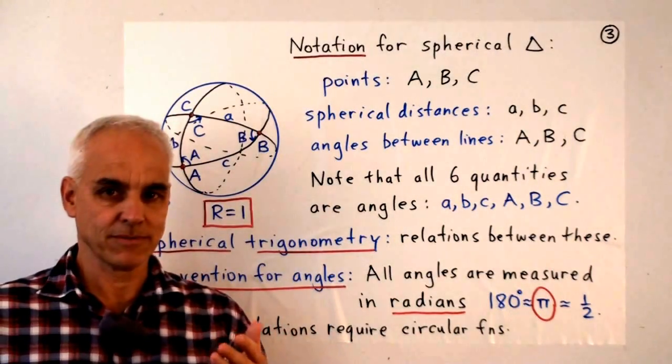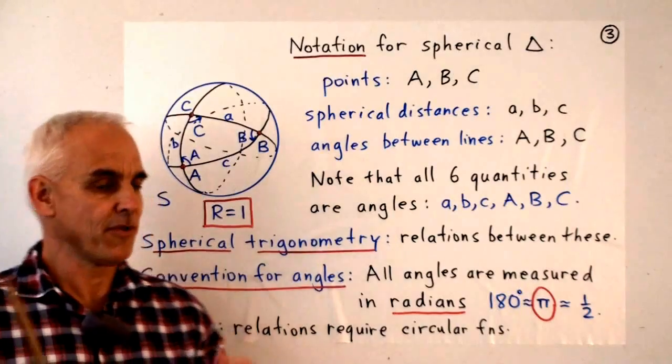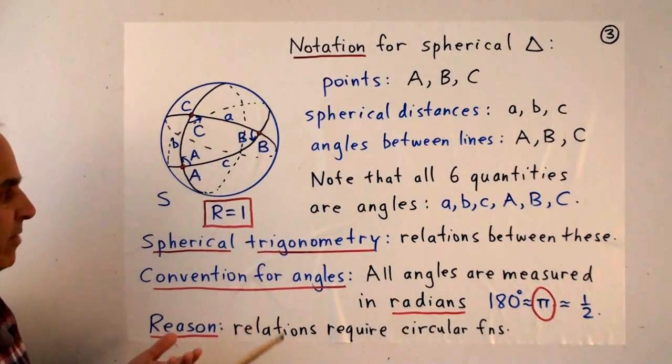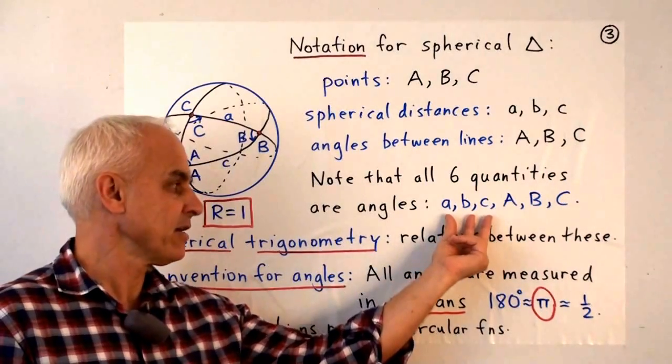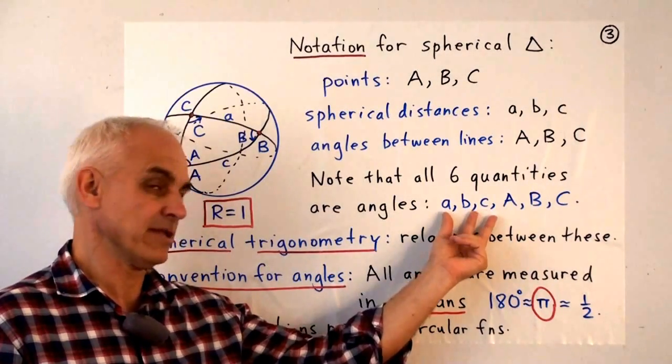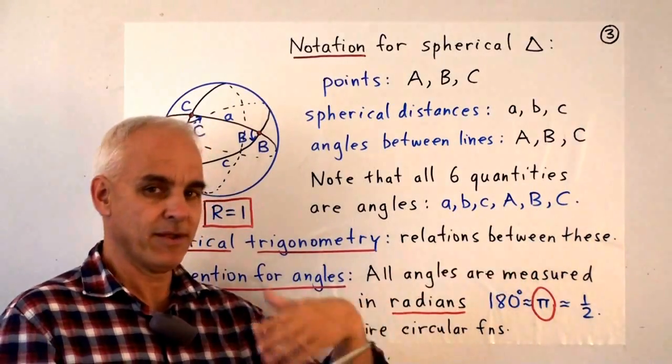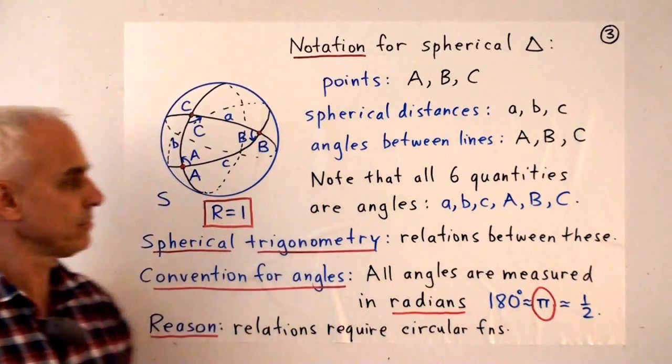Yes, it's a bit of a confusion perhaps. It's possible to get a little bit confused, but in fact it makes things quite pleasant, because then we have 3 spherical distances, little a, b, and c, and 3 angles, capital A, capital B, capital C. So everything is a little bit symmetrical.